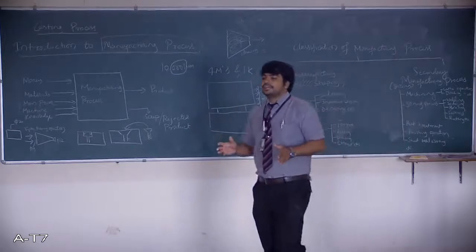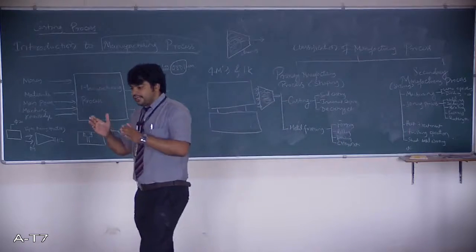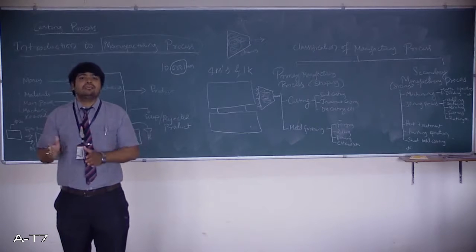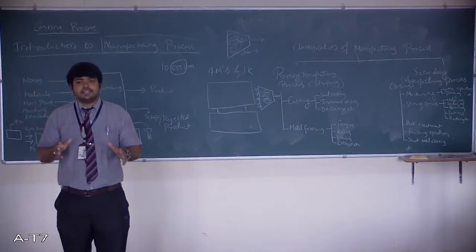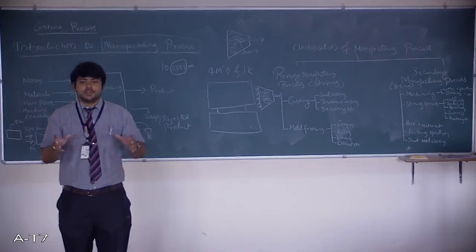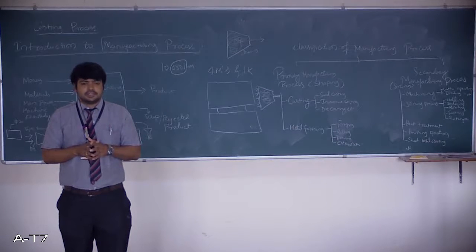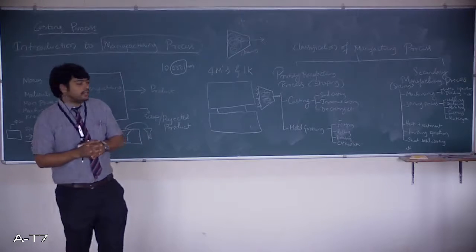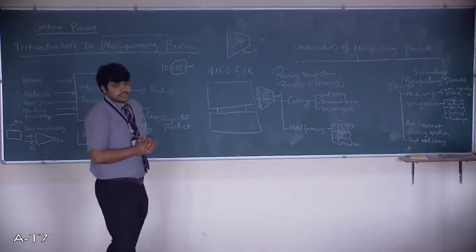So at that time, what we do is we divide this particular product into a number of small elements, and these elements are manufactured independently. Those are brought to the assembly site and assembled. Assemble in the sense joining the materials, or fitting the materials. So this is done by using this joining process.